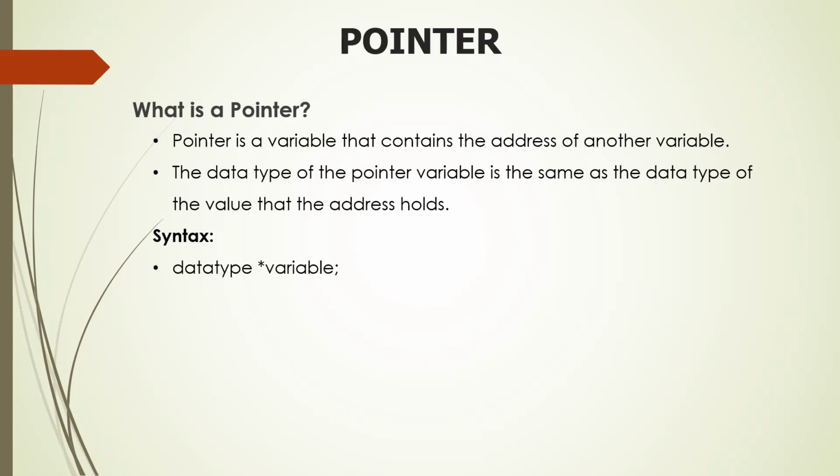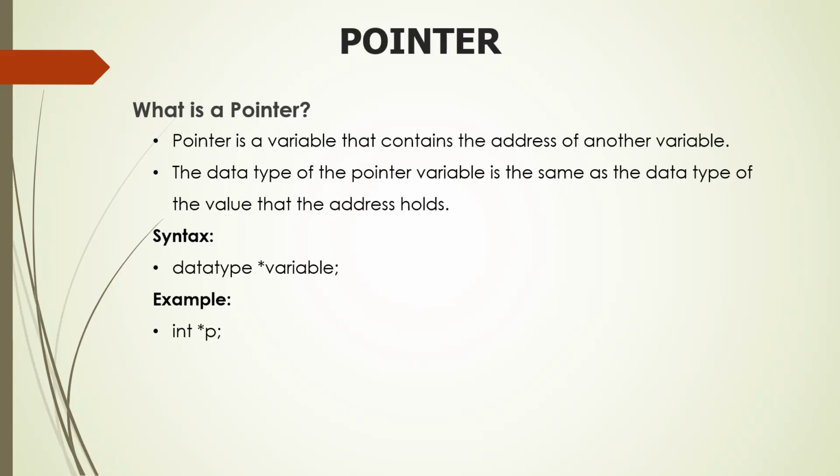The syntax is data type, star, variable. Because it is a pointer, it is going to hold an address, not the value, so we have to specially precede it with a star. Then only the compiler will understand it is a pointer variable. Example, int *p.